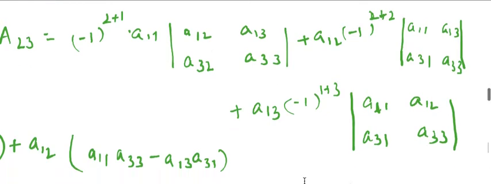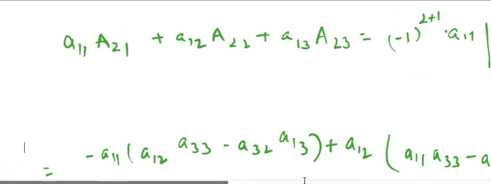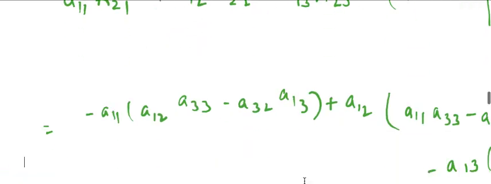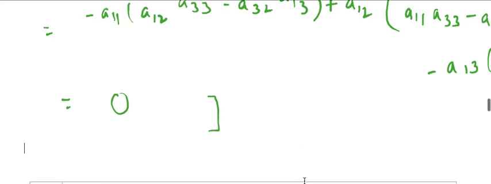So you have written these cofactors a21, a22, a23, and when you simplify them, all the terms will get cancelled and you will be left with your answer as 0, right? So this was the solution to the above given objective problem.